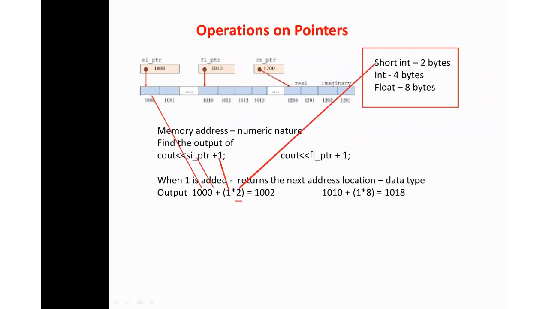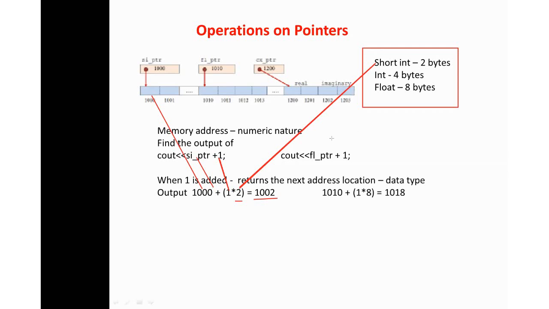With the number of bytes occupied only, it will move on to the next position. That is how you will get the next memory address, 1002. Is it clear?